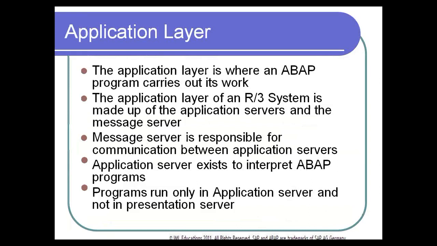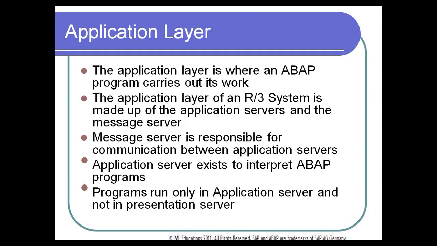It's simply one file which you install in your system and your system becomes the presentation layer. And we have different types of GUI available based on the operating system you have installed on your laptop or desktop.